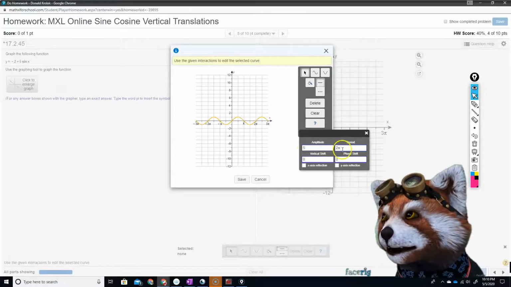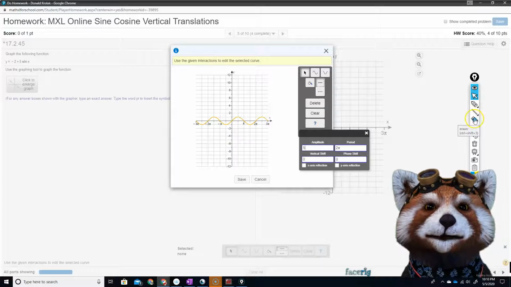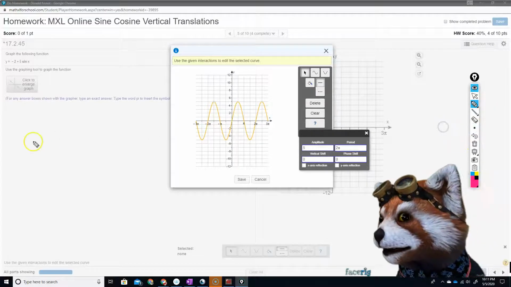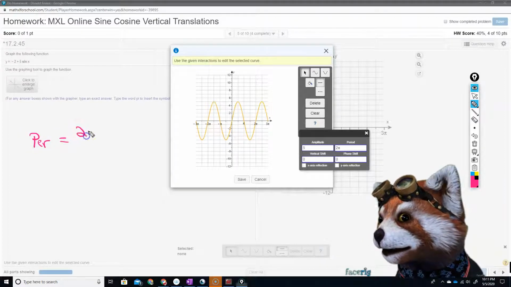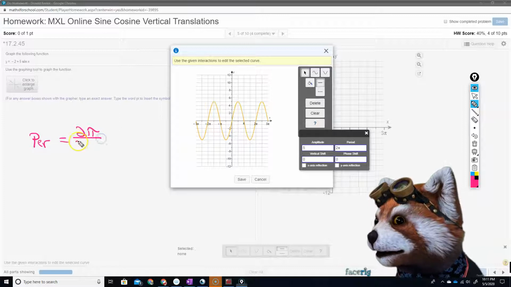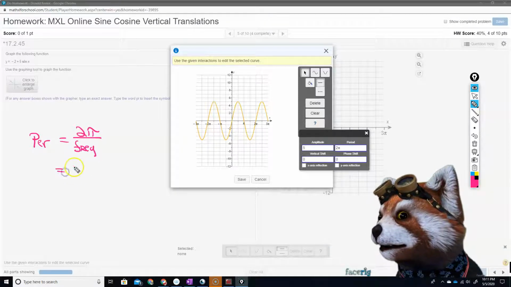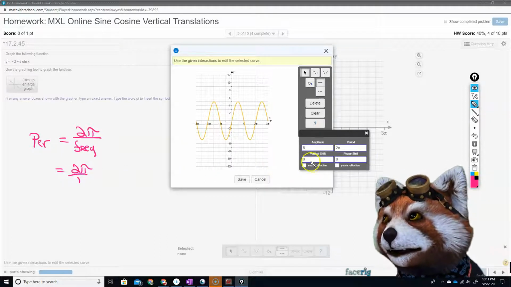Okay, my period, since the frequency was 1, the period doesn't change, it's still 2 pi. So remember, period equals 2 pi divided by whatever the frequency. So the frequency in this case was 1, so it's still just 2 pi.